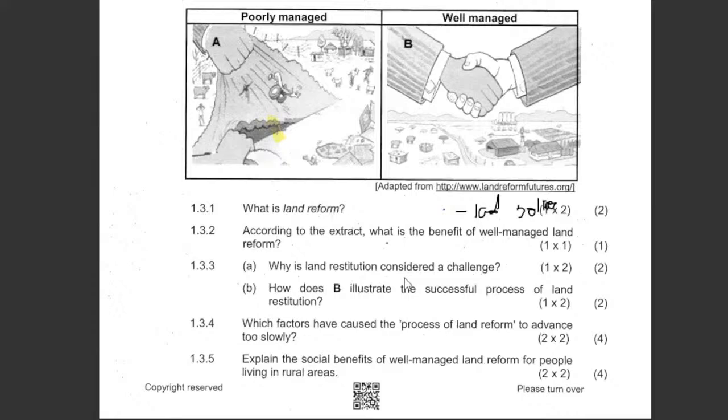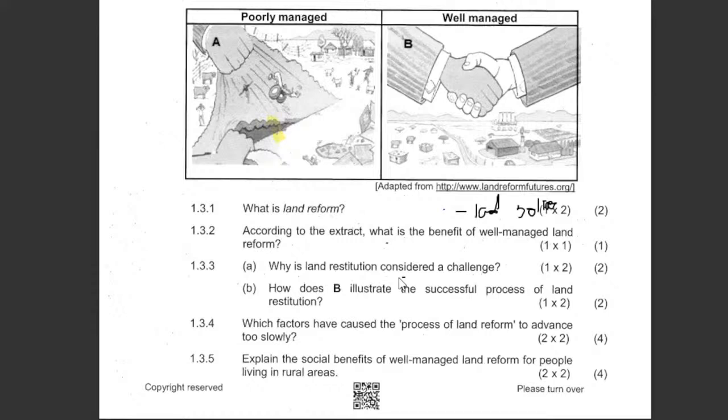So how does B illustrate a successful process? Because settlements are well established, farming and other activities are going on well on the land, infrastructures are also well developed on the land, which signifies that really it has been a success. Than here, where you see things are flying away because there is grabbing of land, people are dispossessed, the farm is disrupted. But here it's well established because a decision has been reached.